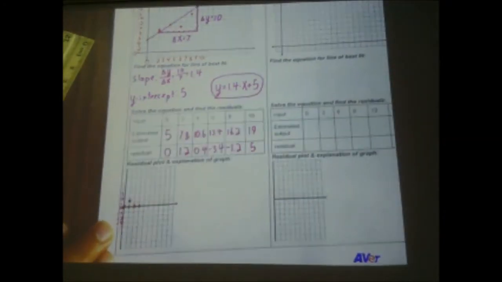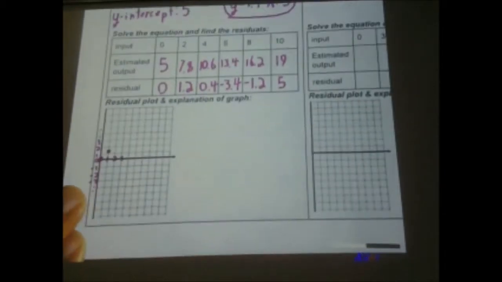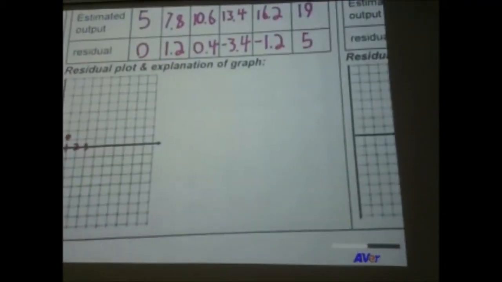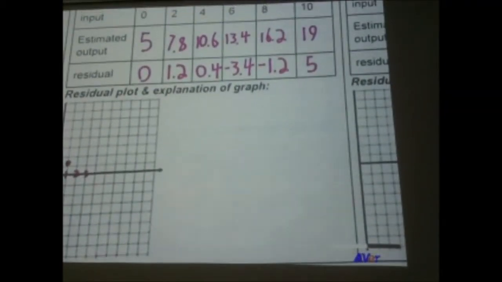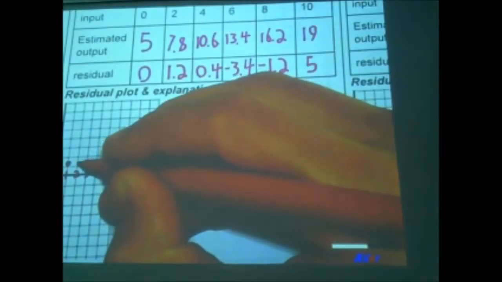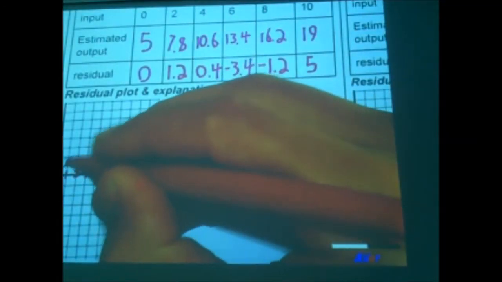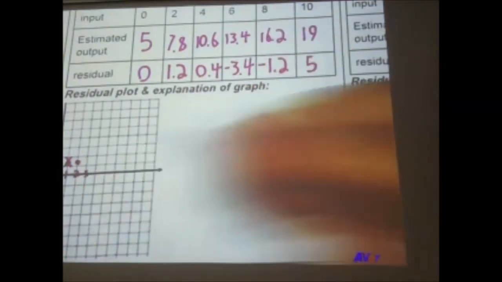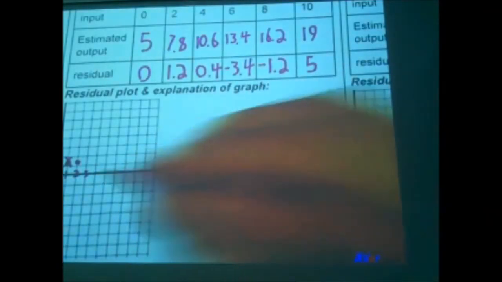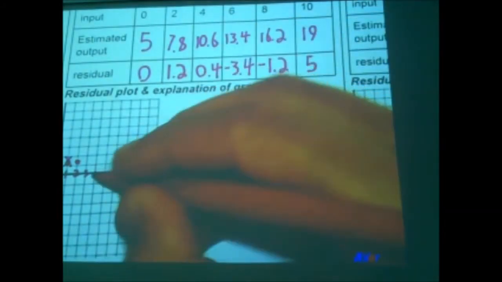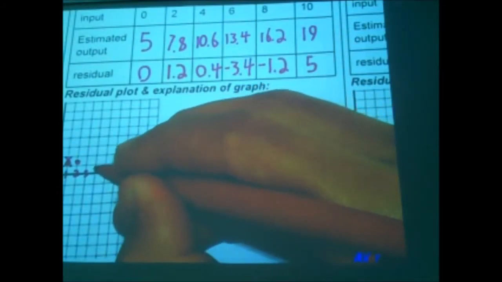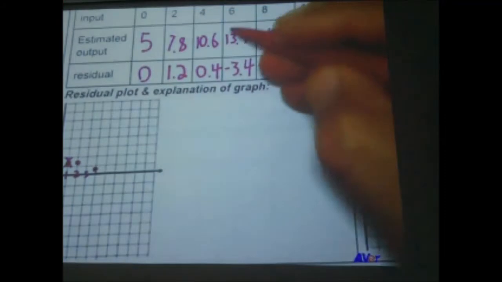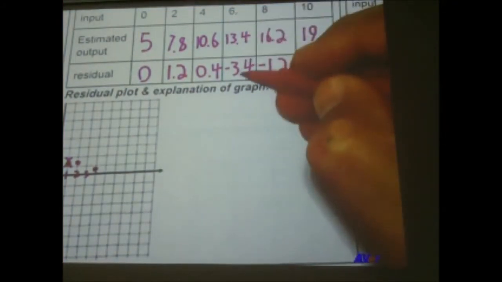And I'll zoom in a little bit so you can see what I'm doing. At 4, sorry, that should be right here. My bad, I messed up. So at 2, my residual is 1.2. At 4, my residual is 0.4, which is about right here. At 6, my residual is negative 3.4.